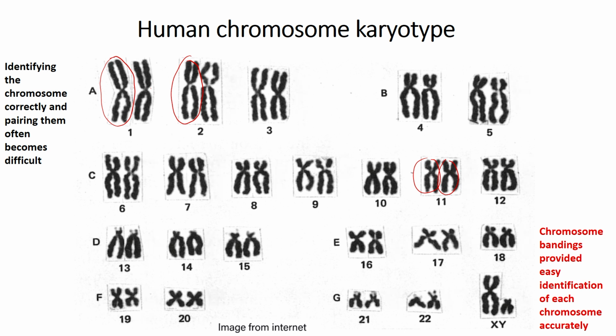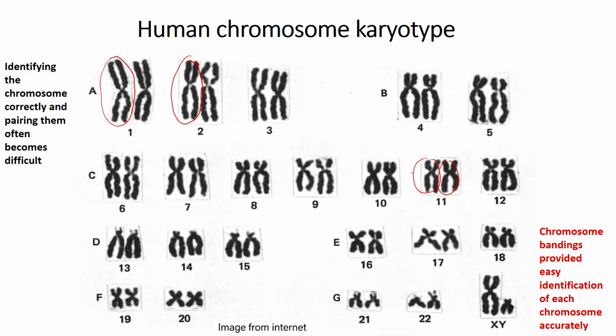So if we had a situation where these chromosomes have a banding, a permanent kind of impression which does not change from time to time, that would have been the best thing.